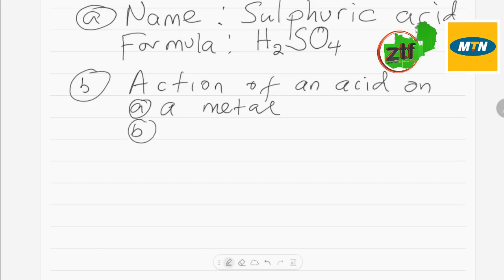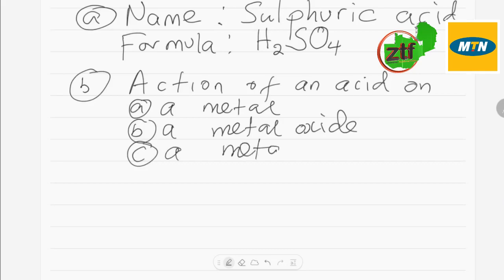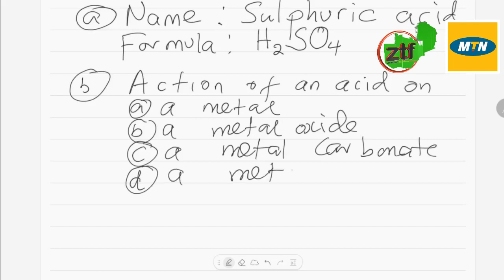We can also use action of an acid on a metal oxide. We can also use action of an acid on a metal carbonate. We can also use action of an acid on a metal hydroxide.